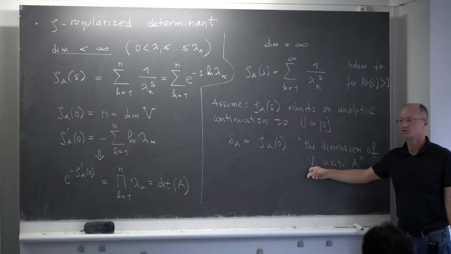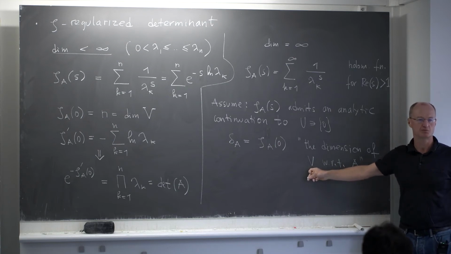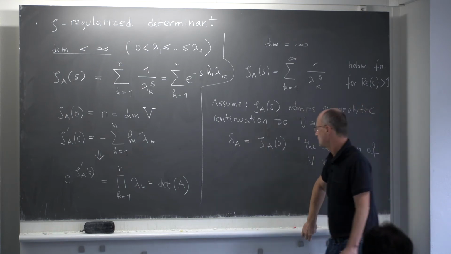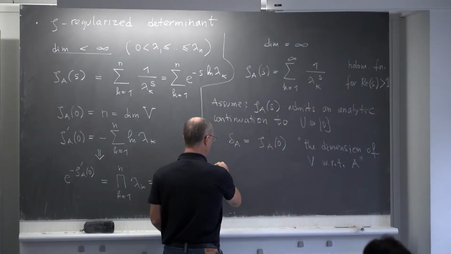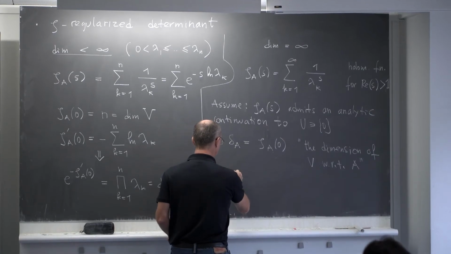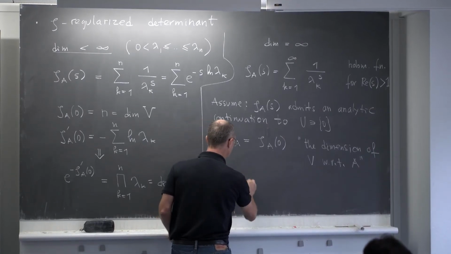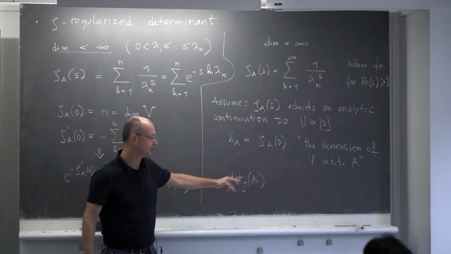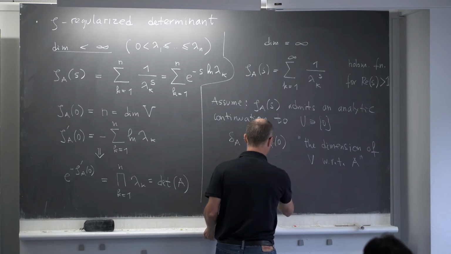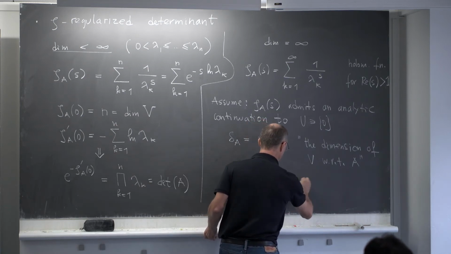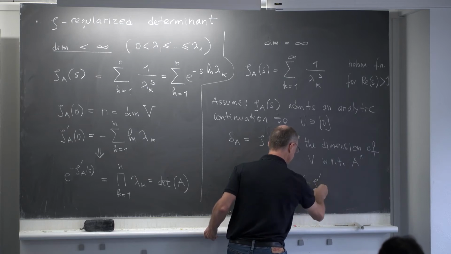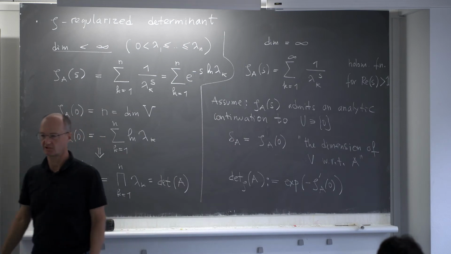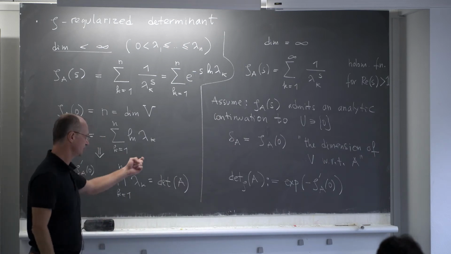So now V is infinite dimensional, so it doesn't have any reasonable dimension, but delta A by assumption is some number. So we now say it is our dimension, and we define the Zeta-regularized determinant of A by definition as the exponential of minus the derivative of zeta at 0. Of course, just by that formula.